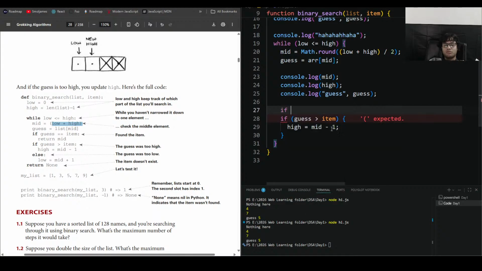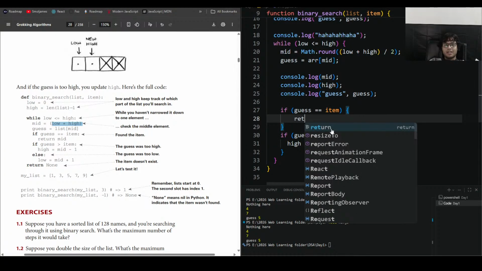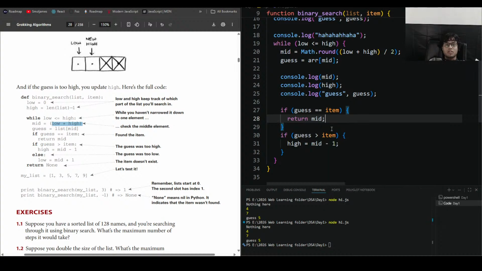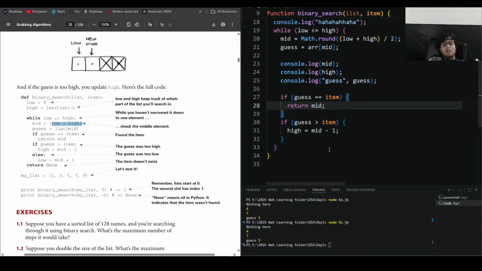So beautiful. If the guess is equal to the item, we just write down the mid. Write down the mid, that's the index number.